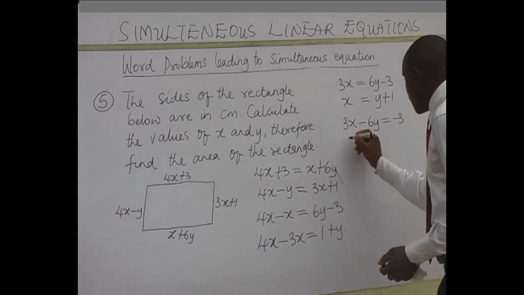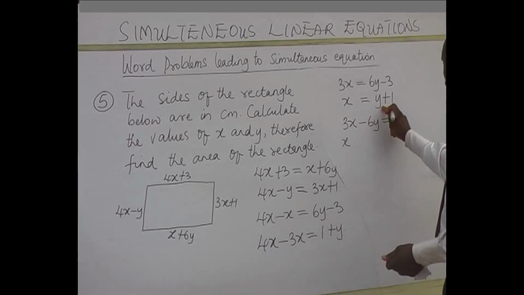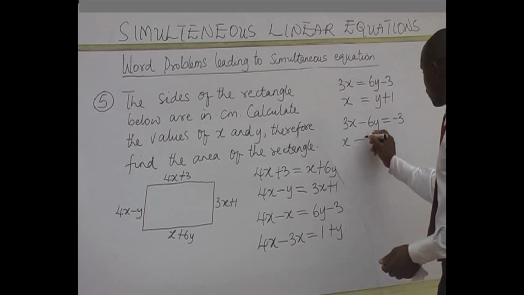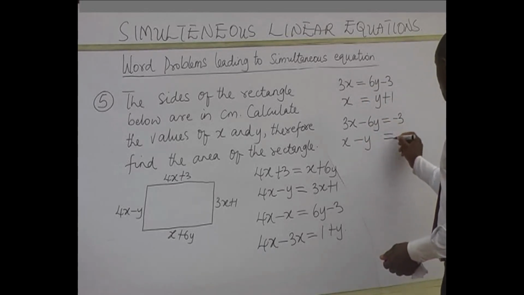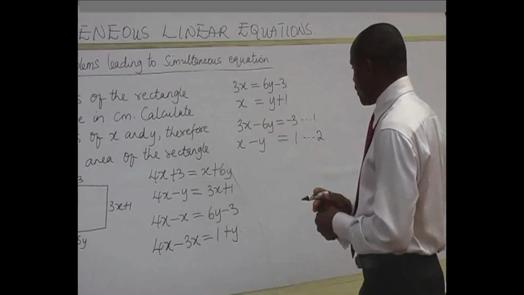The second equation has x, and y leaving the right hand side, coming to the left hand side, we change to minus y, and it's going to be equal to 1, the one that is left here. So this will be our first equation, while this will be our second equation. Now we are going to use any of our methods of solving simultaneous equations to solve this now. Let's use the elimination method.